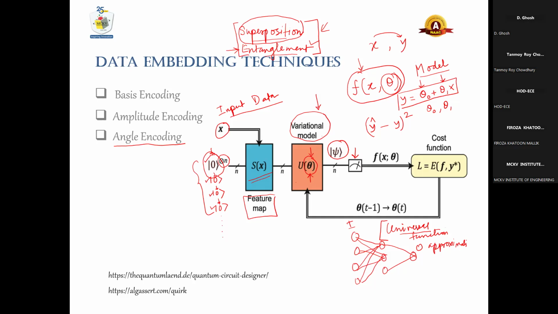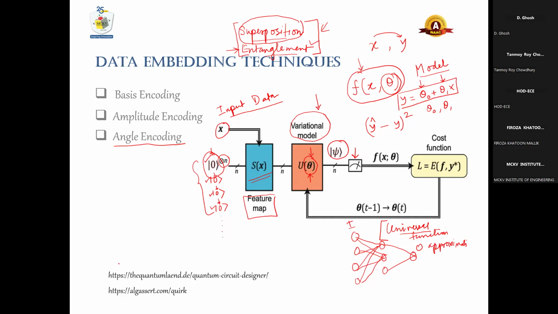So with all these things coming into the picture, people who are advocating quantum machine learning say that the quantum variational classifier is a universal function approximator. It can approximate any relation whatsoever between the input and output. And it is because of these two very important properties which cannot be mimicked by a classical computer, that is superposition and entanglement.